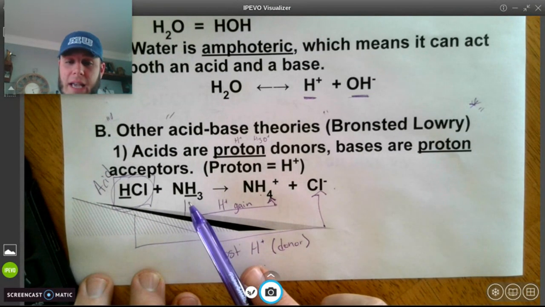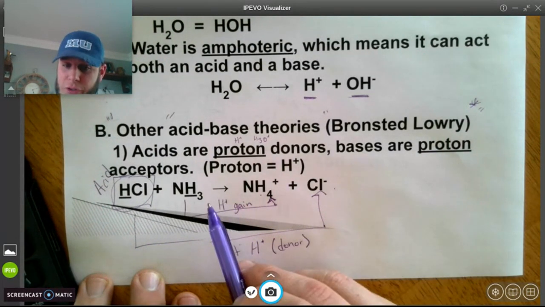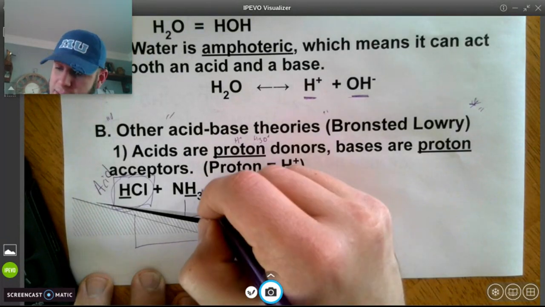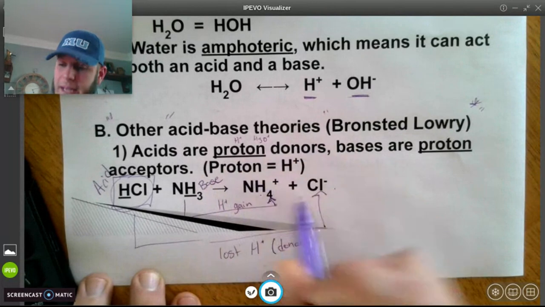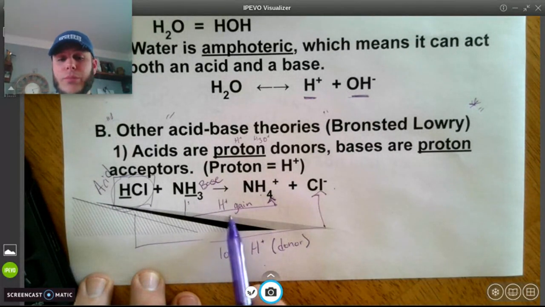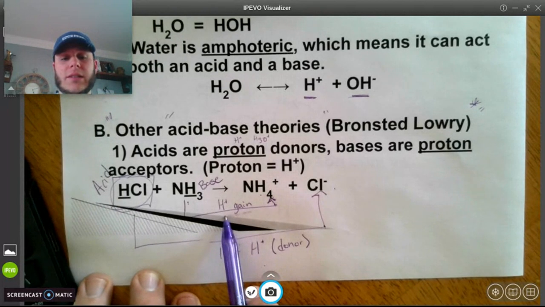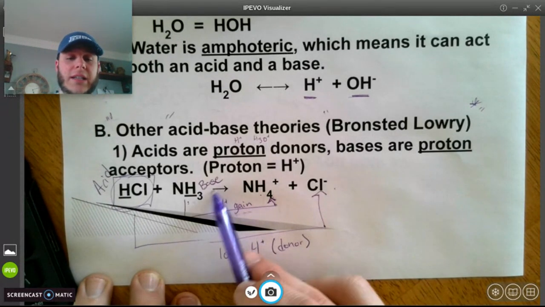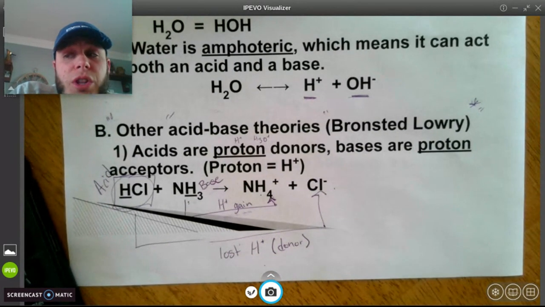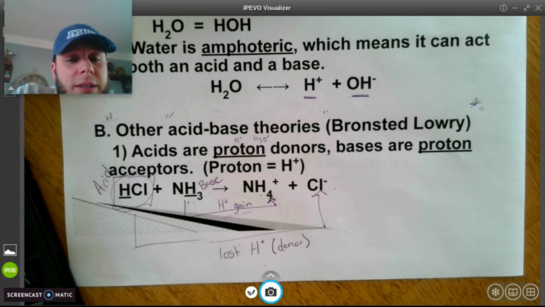Now that makes NH3, which goes from NH3 to NH4 plus, the base. Why? Because from NH3 to NH4, there was a gain in protons, and that gain in proton is what made it a base. So those are the theories on acids and bases. There's only two of them.